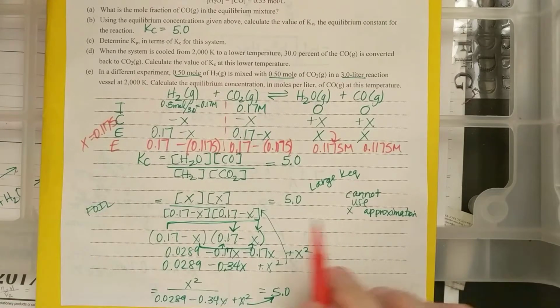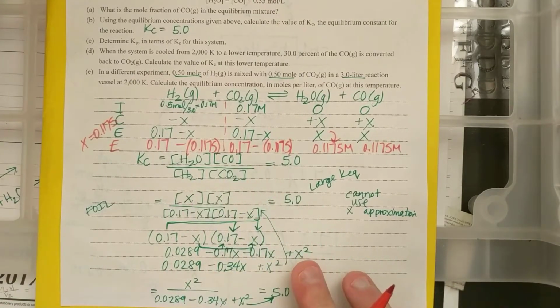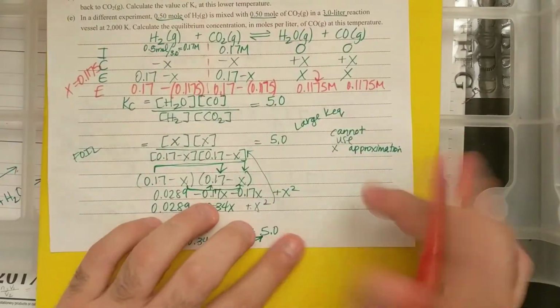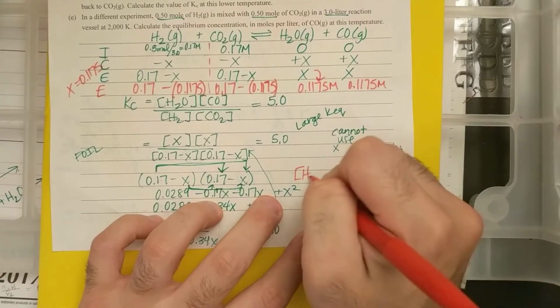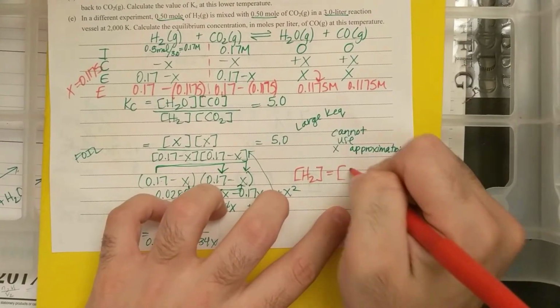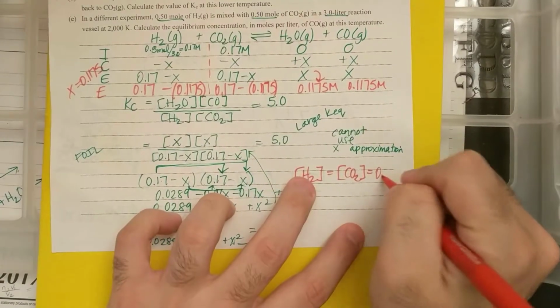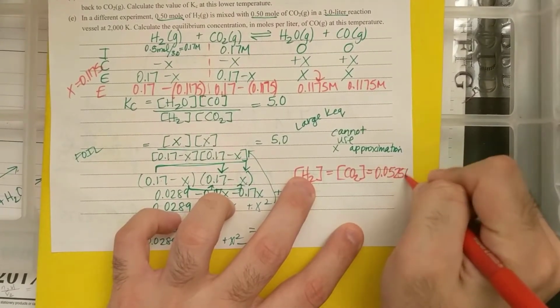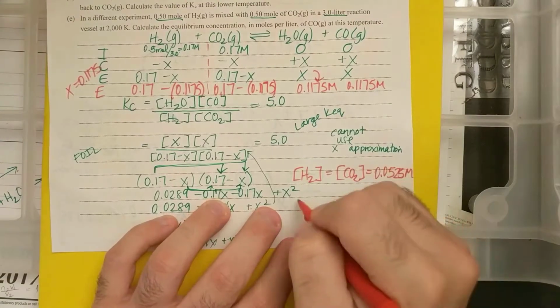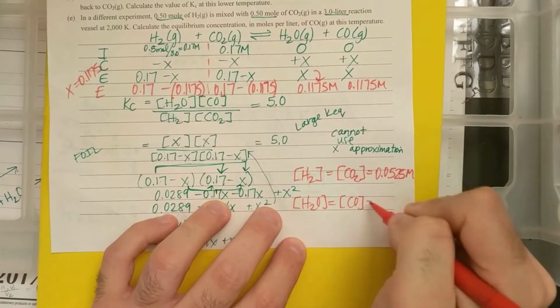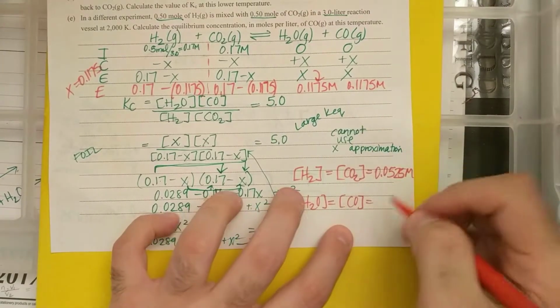And so if I do my subtraction here, 0.17 minus 0.1175, I get my equilibrium concentrations. The concentration of H2 is equal to the concentration of CO2, which equals, this subtraction, 0.0525 molar. And then the concentration of H2O is equal to the concentration of CO, and that's equal to 0.1175 molar.